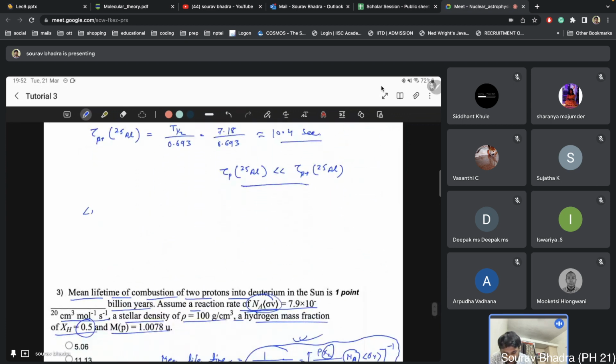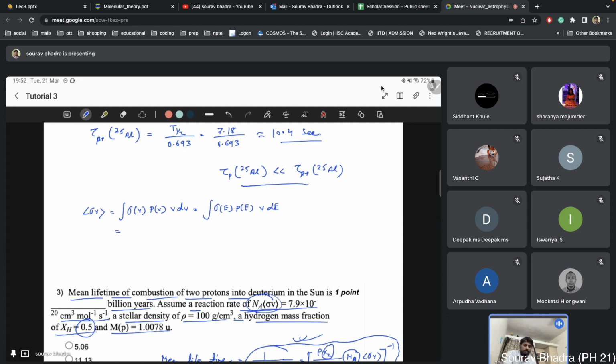Sigma v is actually given by the integral of sigma as a function of v, P(v) dv, and in terms of energy, sigma(E) P(E) dE, where v is root over E. We will convert it later. I am just following such steps.